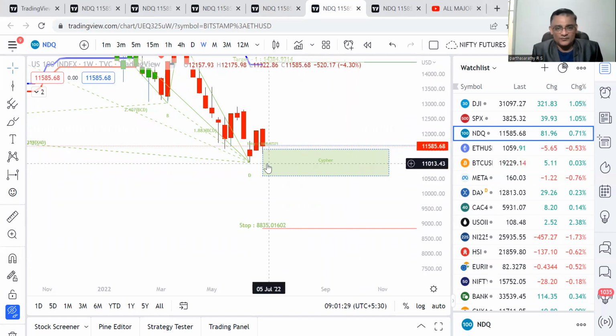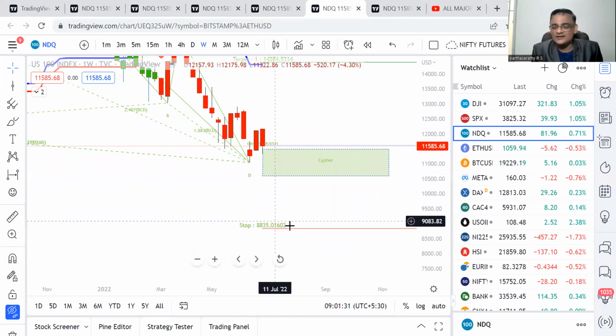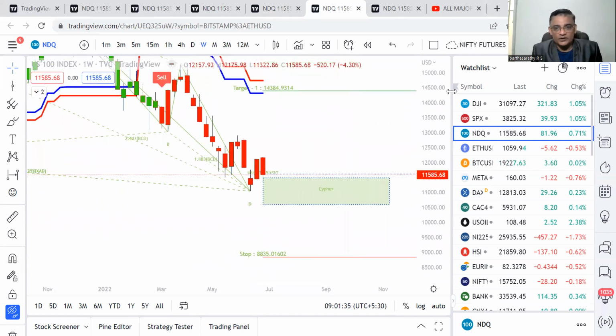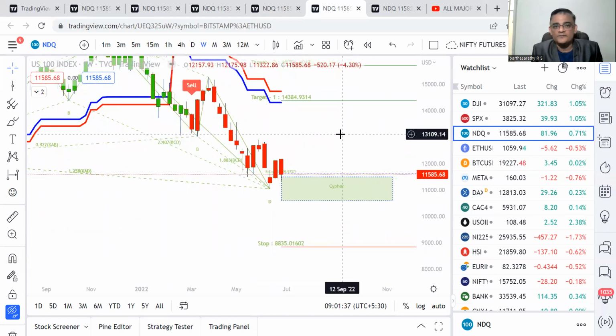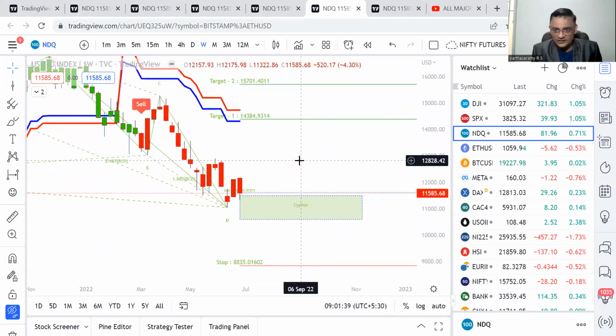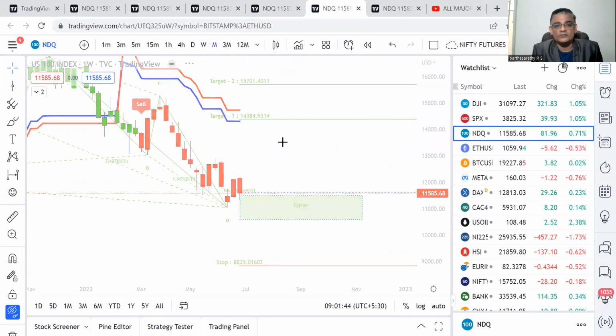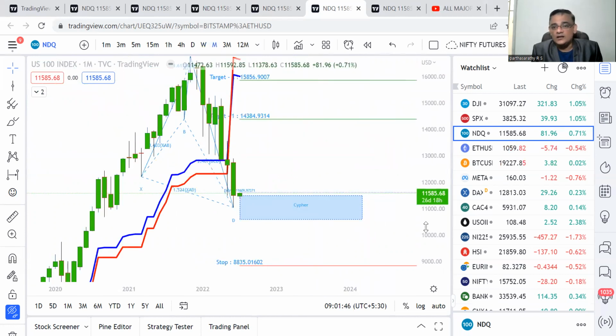But in case it breaks below the pitchfork low, I think it will easily come and touch this level, 8835. So I don't give a lot of importance to harmonics for a shorter time duration. For a longer time duration, yes, even on monthly you can use it. And based on Fortune Signals, I will explain how to trade.